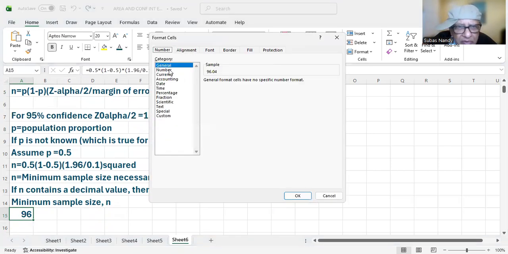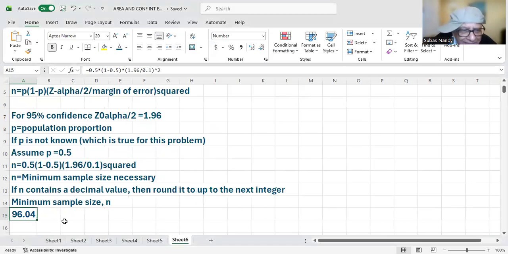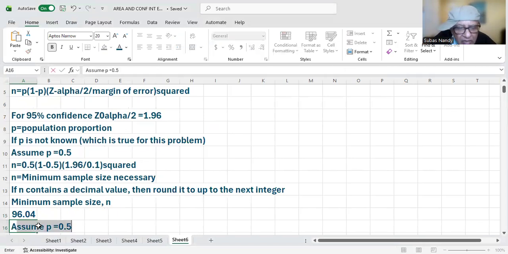If I use two places of decimal, the actual minimum sample size is 96.04, rounded up to 97.